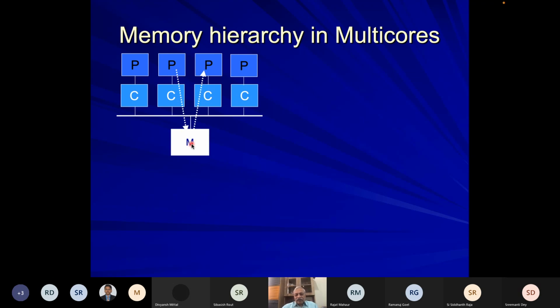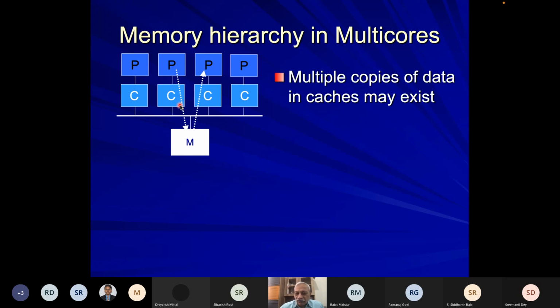Maybe it was an array where some result is being computed and put by this processor, and the array is to be read by another processor. So, shared array. Because of these caches, this processor would actually be writing into the cache first, and there may be some delay in terms of that same data getting posted in the main memory and updated.